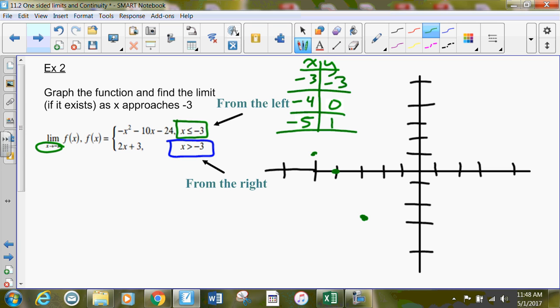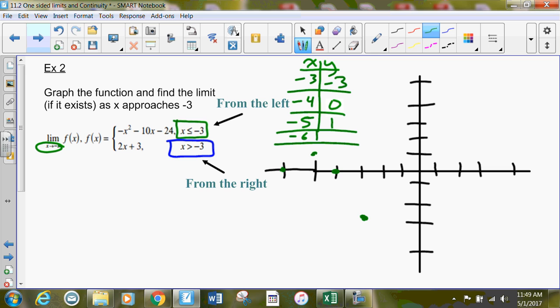Our two zeros would be a -4 and a -6. Let's actually plug in a -6. We're going to get a -36 plus a 60, and minus a 24. Yep, that's our other 0.